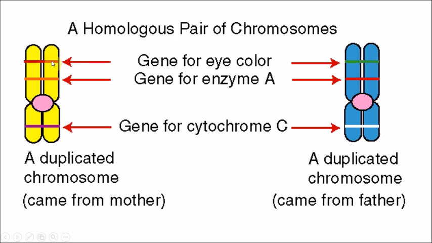They're very similar. They have the same genes in the same order, but their alleles are going to be different. Like here, the allele is a red option and a green option, orange option, red option. So homologous pairs are very, very similar. Genes, locations, but the alleles are different.